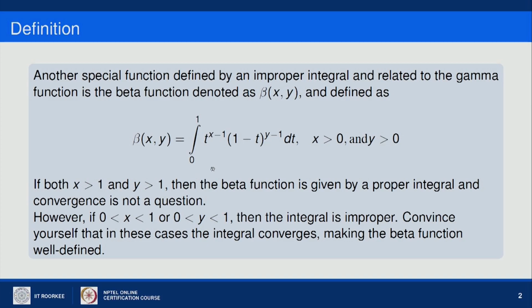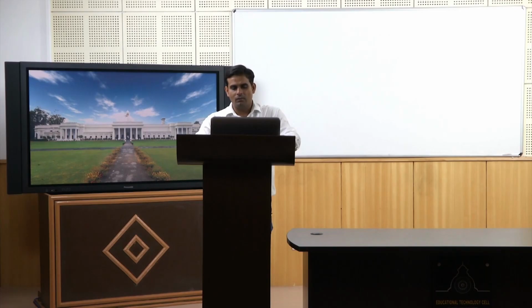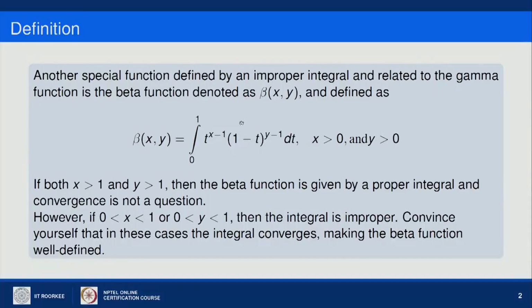However, by breaking this integral into 0 to epsilon and then epsilon to 1, we can convince ourselves that in this case also the integral converges. Hence, for all positive values of x and y, this definition is well defined for the beta function.